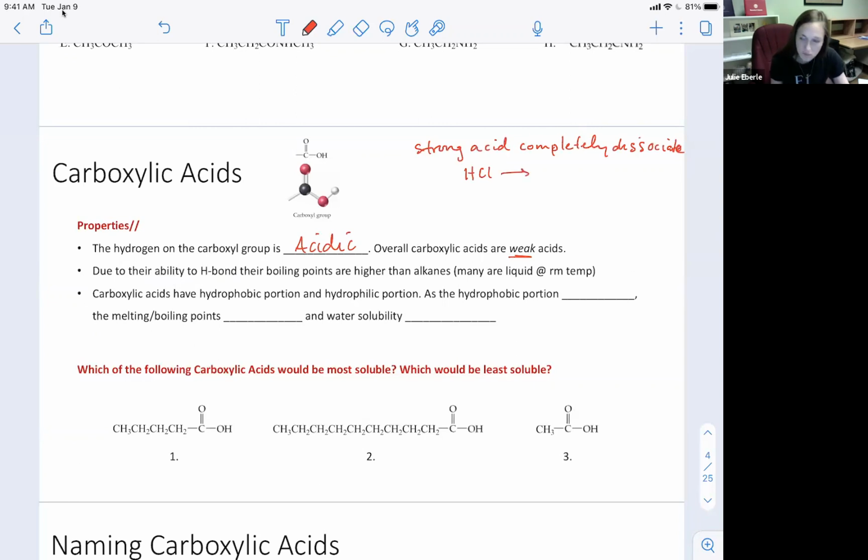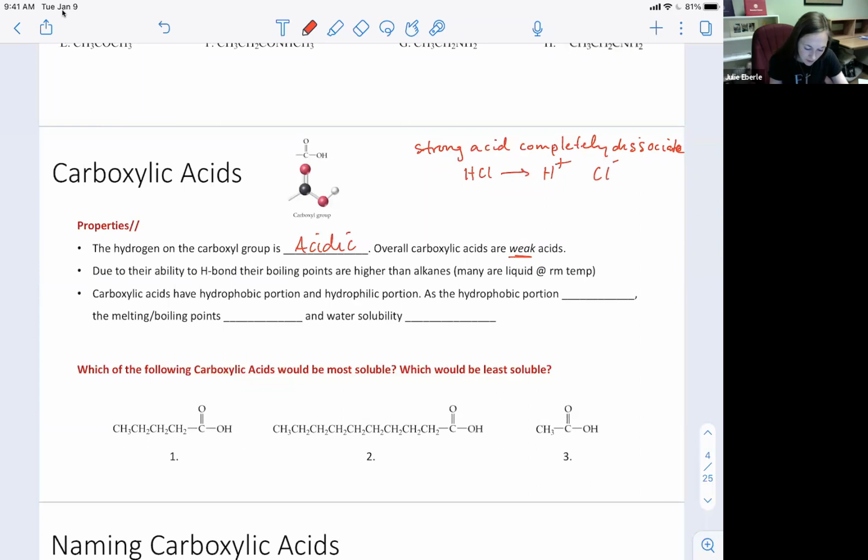In solution, in our bodies, wherever, it will completely dissociate. If we have 1 million molecules of HCl, it will all break up. We'll get 1 million hydrogen cations and we'll get 1 million chloride anions. Or if we had a mole of HCl, we would get a mole of H plus ions and a mole of Cl minus anions. Completely dissociates.